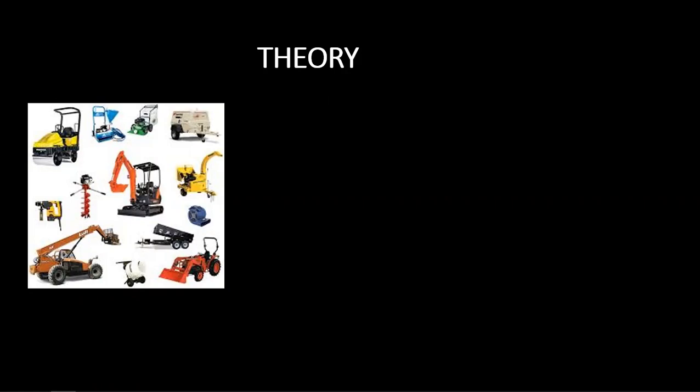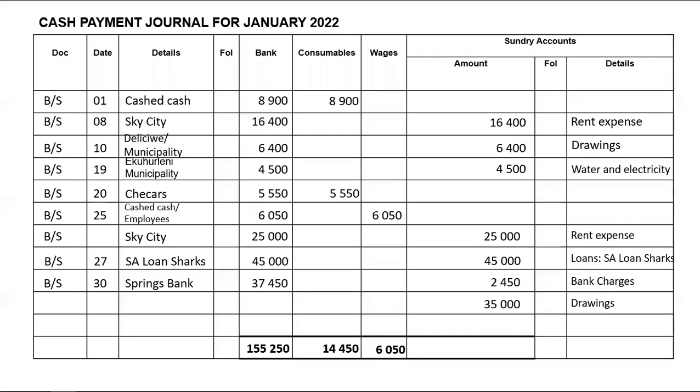I'm trying to find it quickly. It was the 6,400 you added with that 35,000. So it is the 6,400 plus the 35,000, which will give us our total drawings.